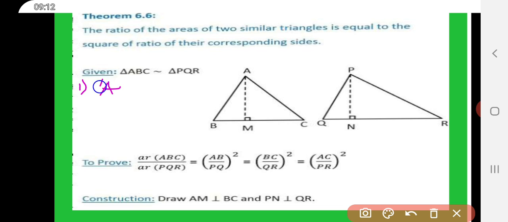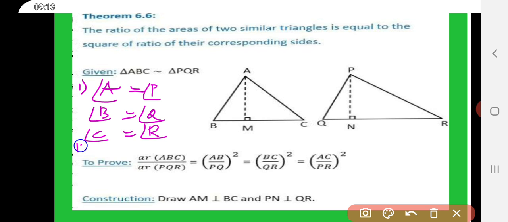As these two triangles are similar to each other, we can write their corresponding angles are equal. So angle A is equal to angle P, angle B is equal to angle Q, and angle C is equal to angle R. And their corresponding sides are in proportion.